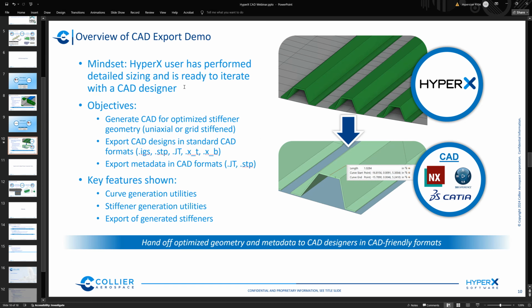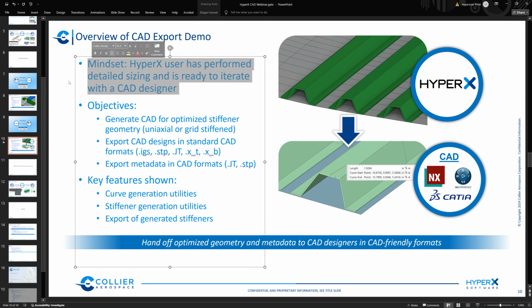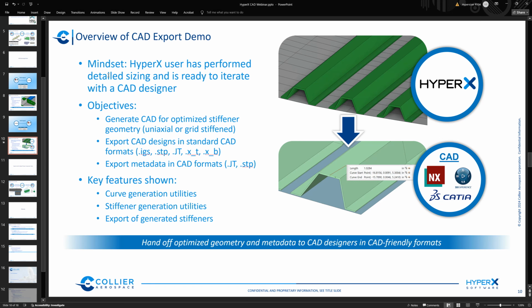Again, kind of setting the stage here with the mindset. We're a HyperX user who has performed some detailed sizing, and they're ready to iterate their design with a CAD designer. Some objectives of this part of the demo will be generating CAD for optimized stiffener geometry, both uniaxial and grid stiffened.